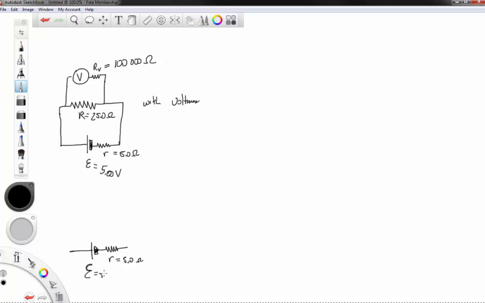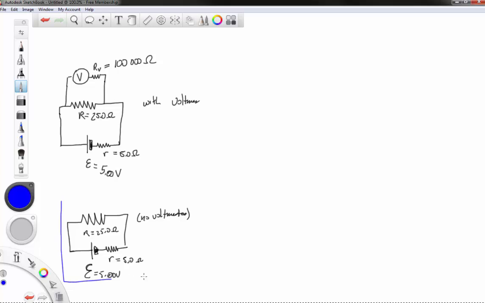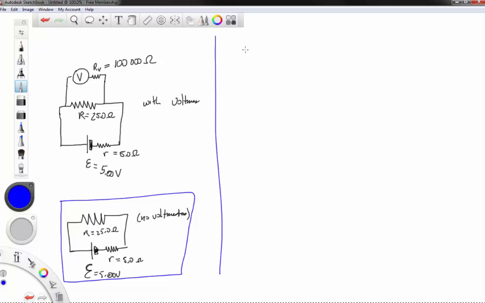Again, the EMF is 5.00 volts, and we have a second resistor up here, R, of 25.0 ohms. So no voltmeter. Maybe we'll start with this case, and then we'll work through the other case and see what happens.